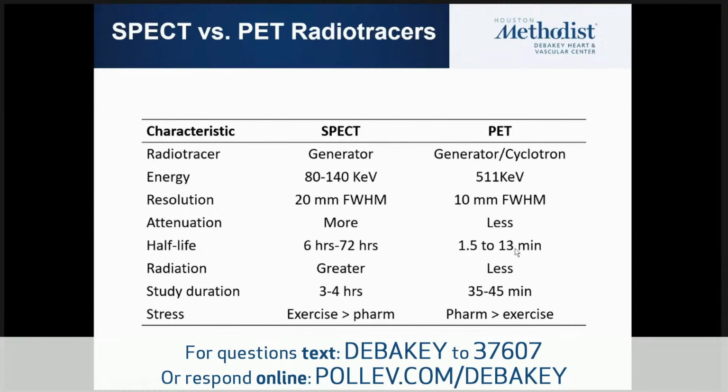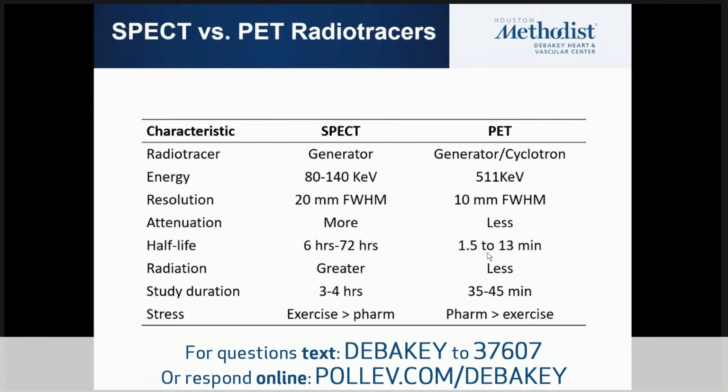The half-lives are shorter with PET, so even though we're imaging at a higher keV, we are able to achieve a lower radiation dose because the radiotracer is going to be inside the body of the patient for very few seconds or sometimes a maximum of minutes. And the study duration lasts only, for example, a perfusion study is about 30 minutes, but because of the short half-life of the radiotracer, we're not going to be able to do exercise more often.